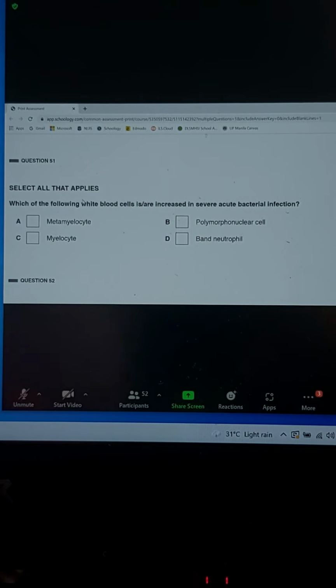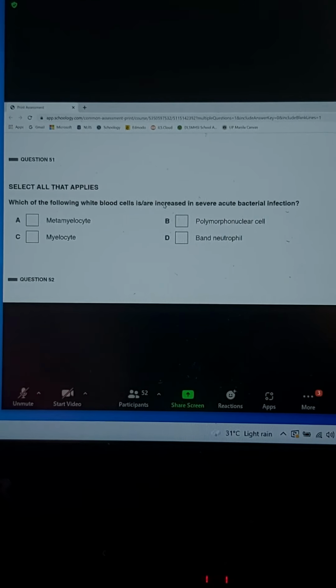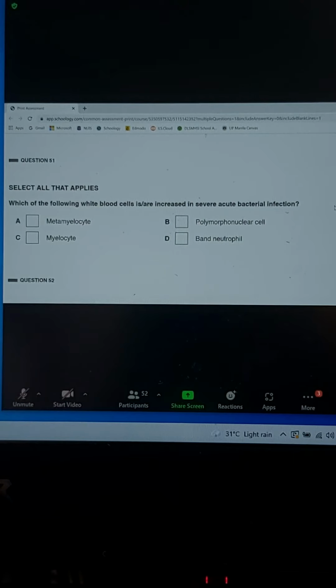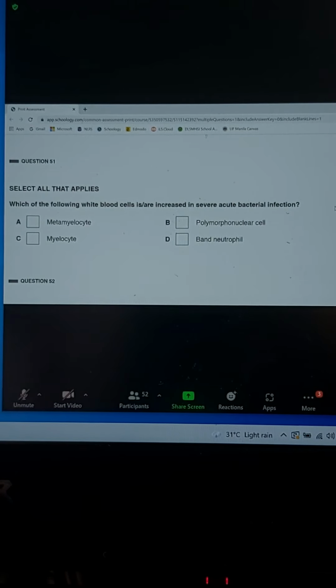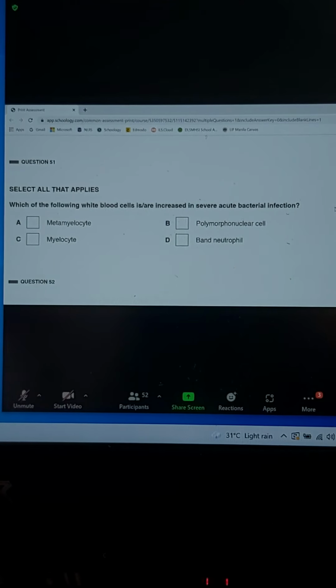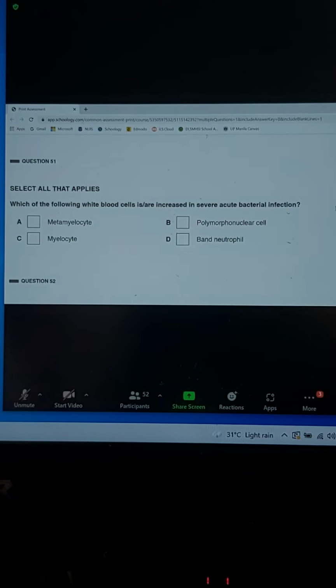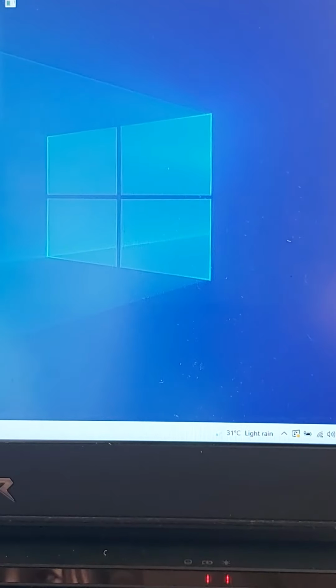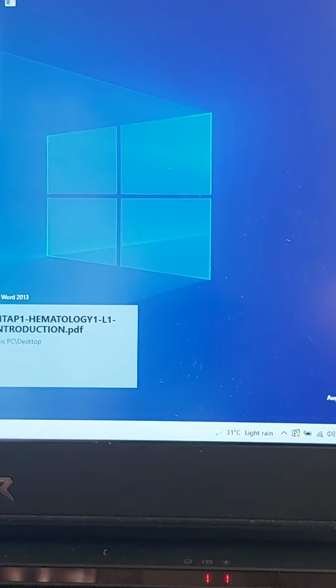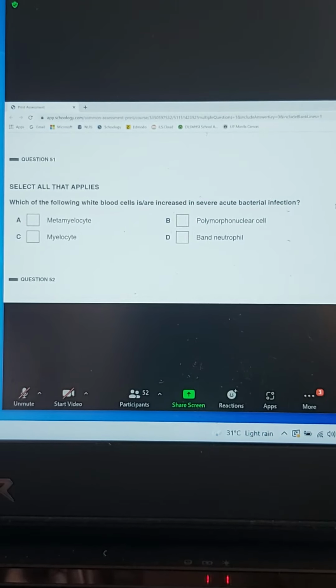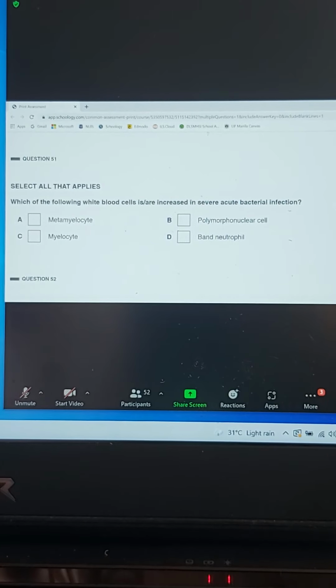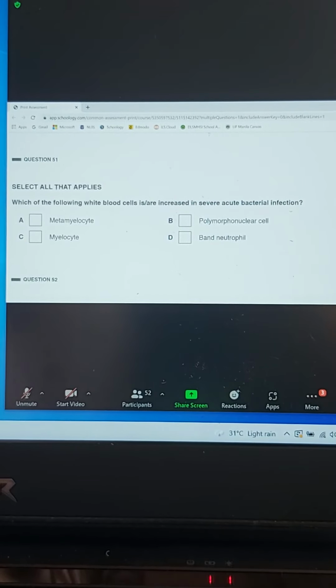Right, 51. Which of the following white blood cells is or are increased in severe acute bacterial infection? B and D po.